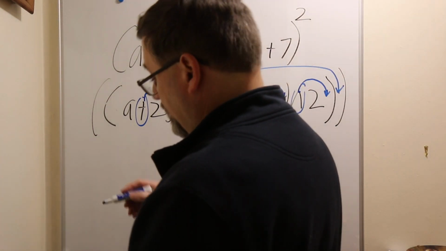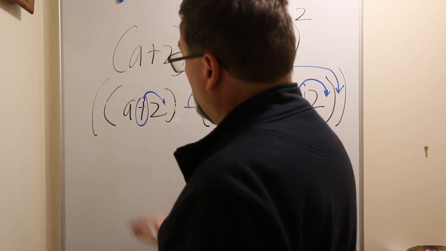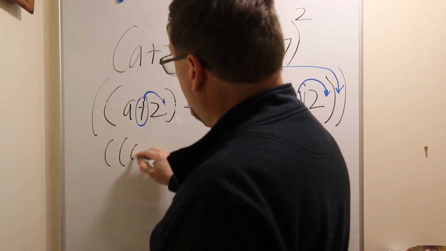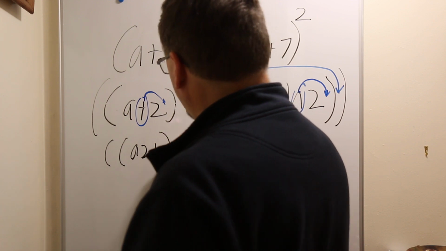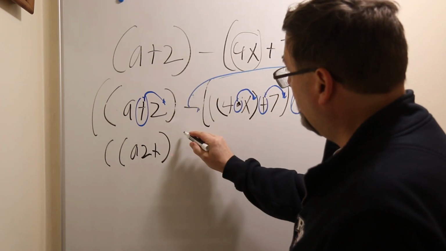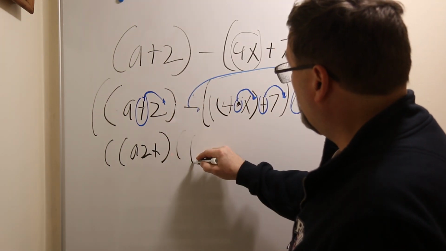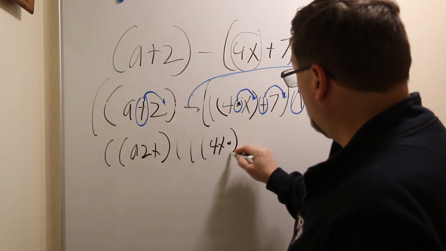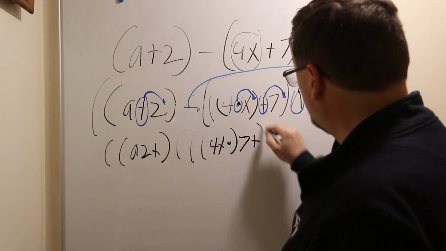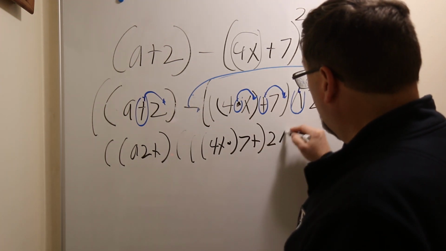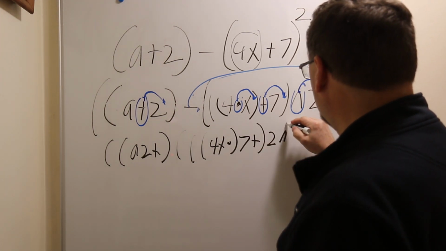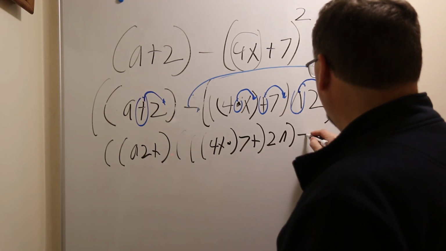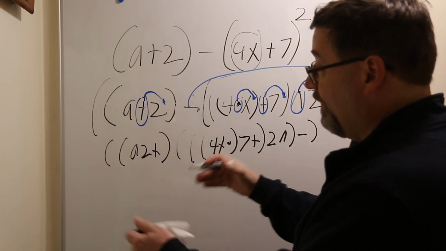So we end up with left paren, a2 plus, right paren. And then we do left paren, 4x times right paren, 7 plus right paren, 2 exponent, right paren, minus time, right paren. And so that's postfix.